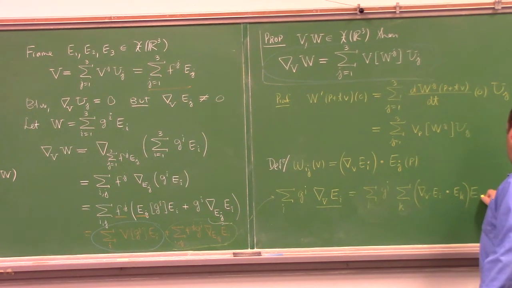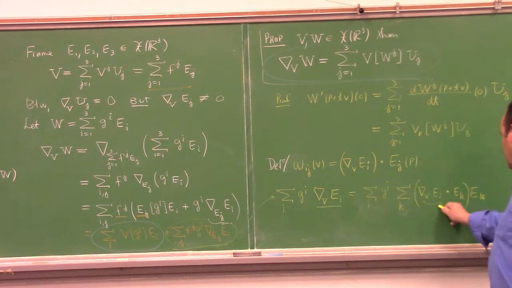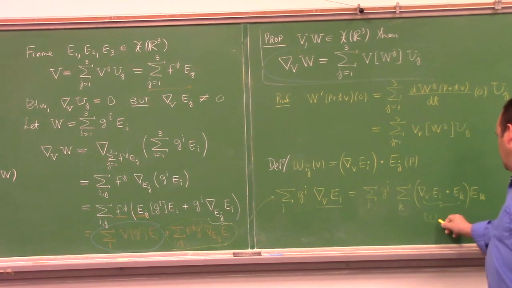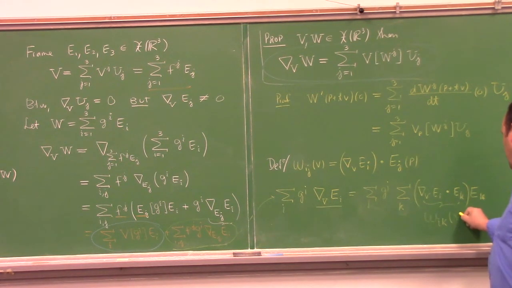So using that frame expansion with dot products again, it's like the 20th time today we've done this, but now with respect to an abstract frame. But this right here is omega IK acting on V. And so this part of the formula just becomes the sum over I and K of G upper I omega IK EK.